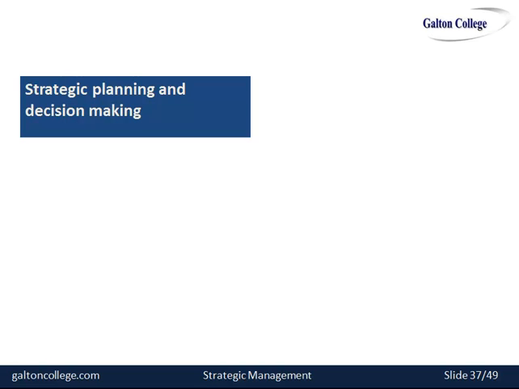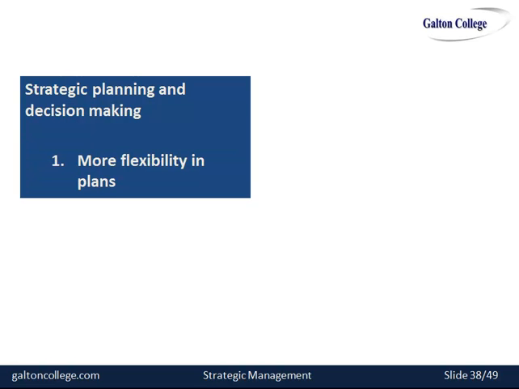So, strategic planning and decision making. Well, more flexibility in planning is required. The idea of drawing up a plan and it becomes an immutable document, a document which will apply for a long period of time, that period has long gone. We live in a much more dynamic economy.